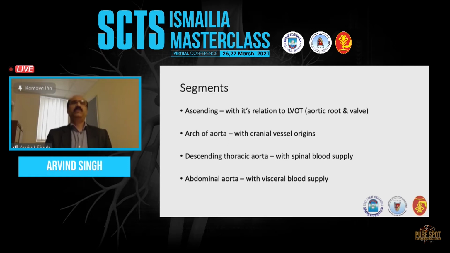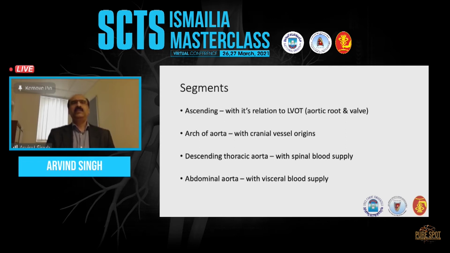So whenever you think of ascending aorta, you're going to think of the left ventricular outflow tract, the aortic root, the aortic valve. And obviously, you're going to think of the coronary arteries, because they take their origin just above the aortic valve. Following that, the arch of the aorta with all the cranial vessels and upper limb circulation.